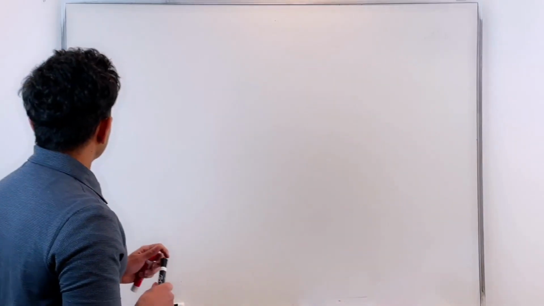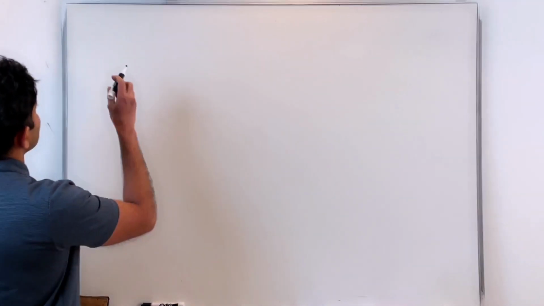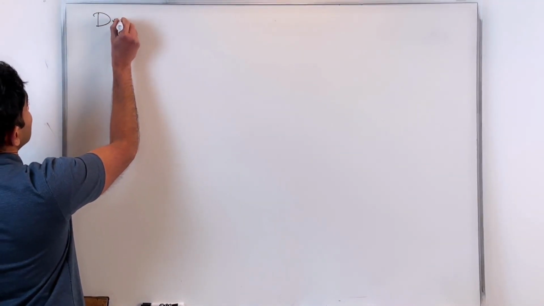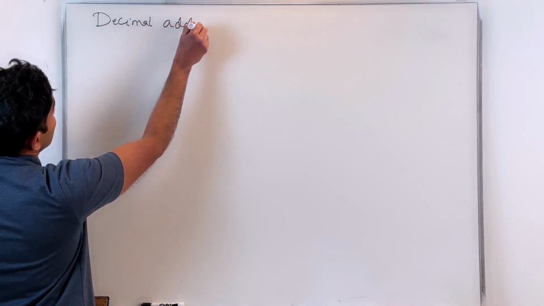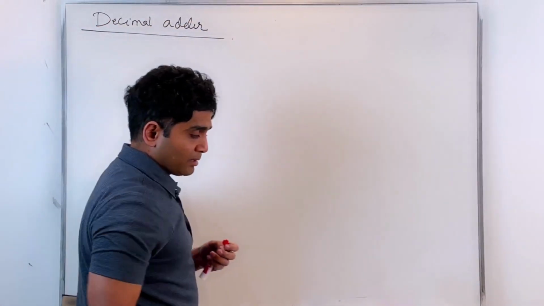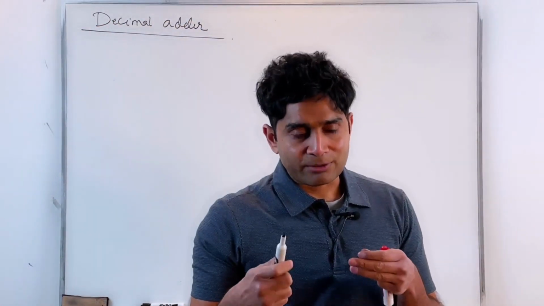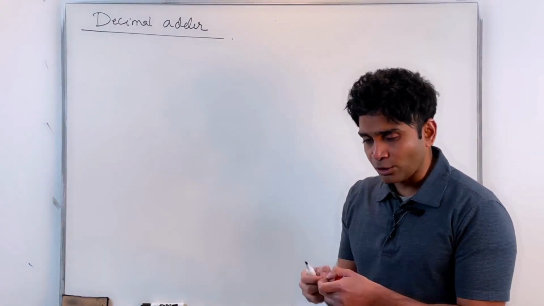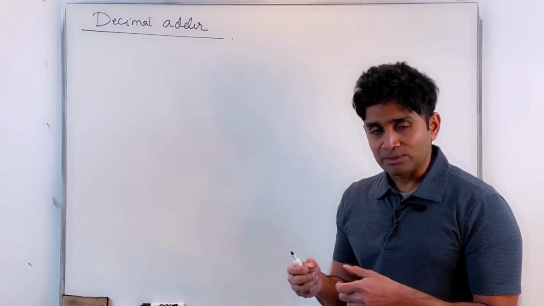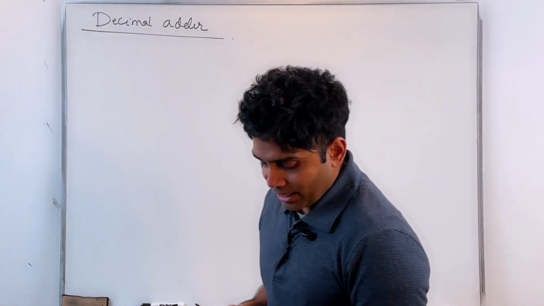So we are getting in depth there. So now we want to design a decimal adder. As a matter of fact, we are trying to design an actual calculator that can actually perform simple addition operations between two decimal numbers.